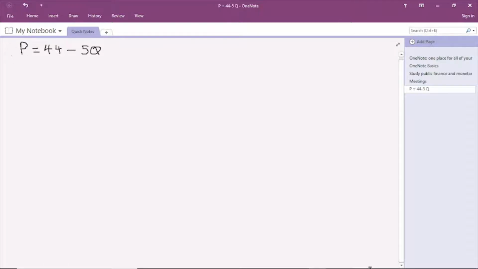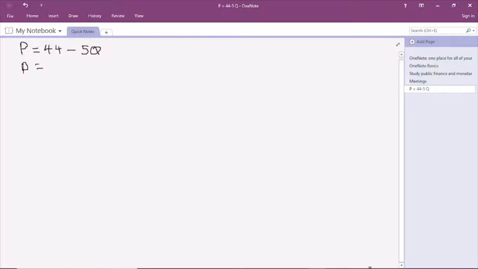They will not always put the demand here. They can just put price here. This is a demand equation. And then you also have the supply equation. Here they cannot always put S. It's just price.